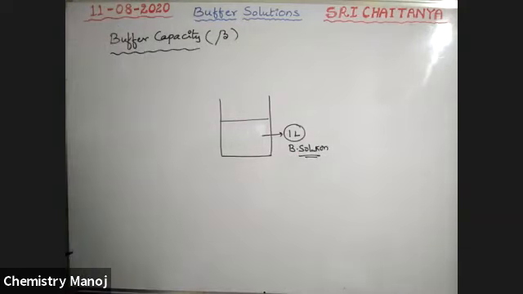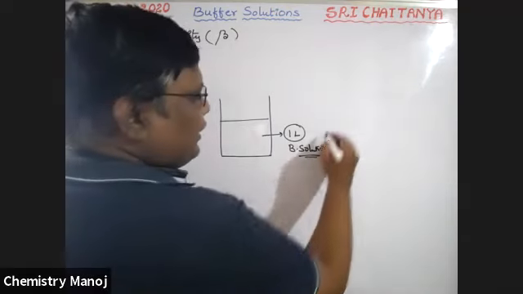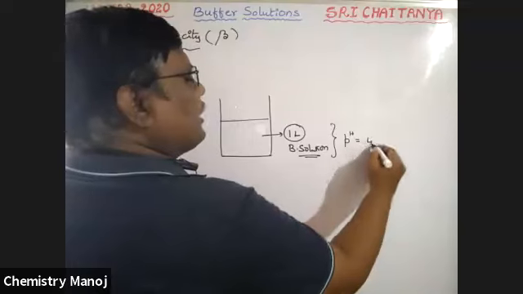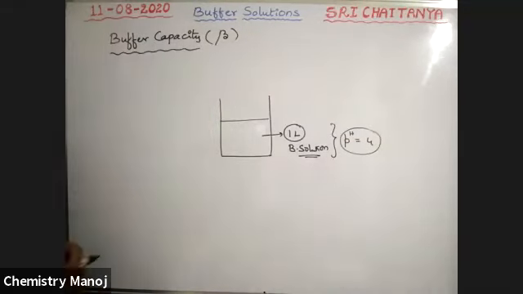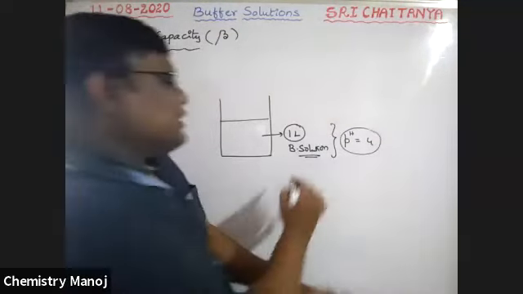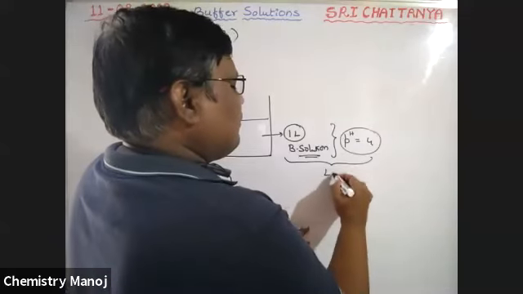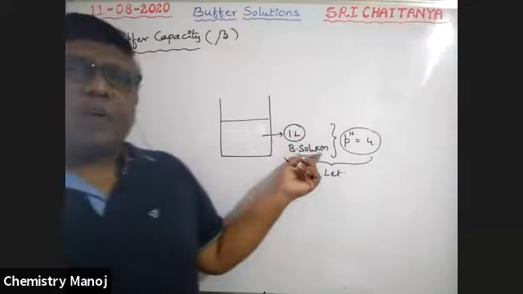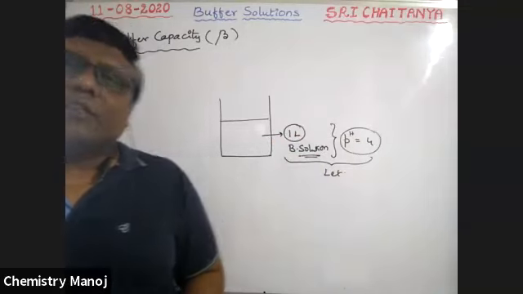Let its pH value be 4. All these conditions are assumed. Let us consider a 1 liter buffer solution whose pH value is 4.